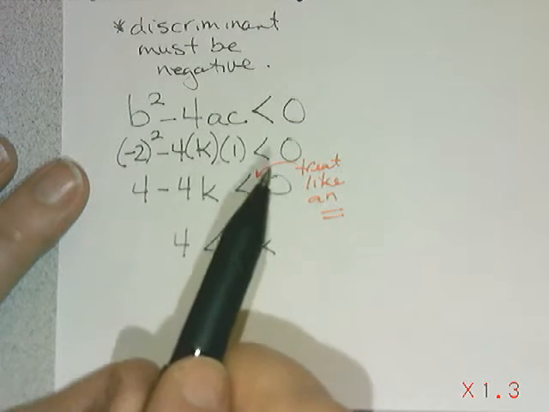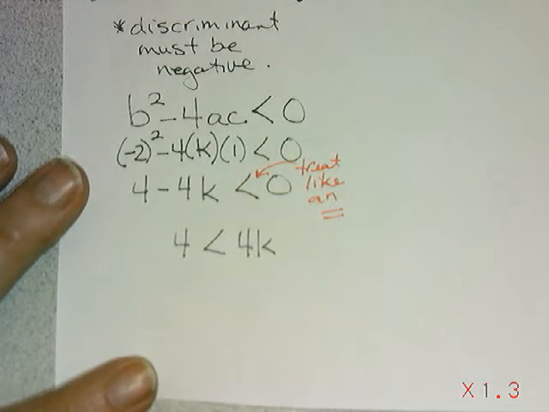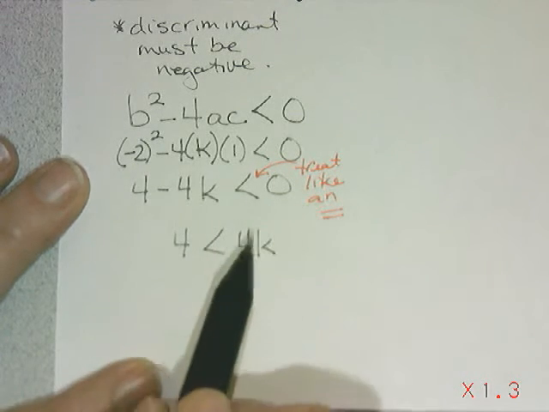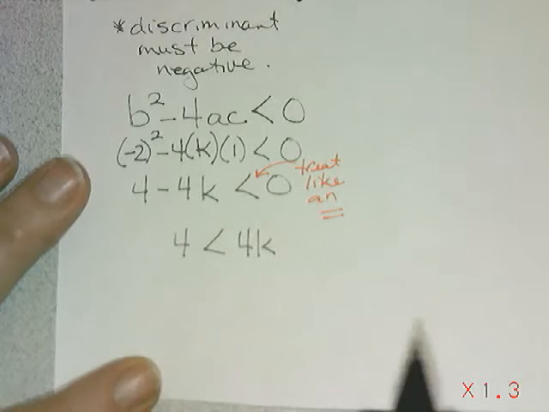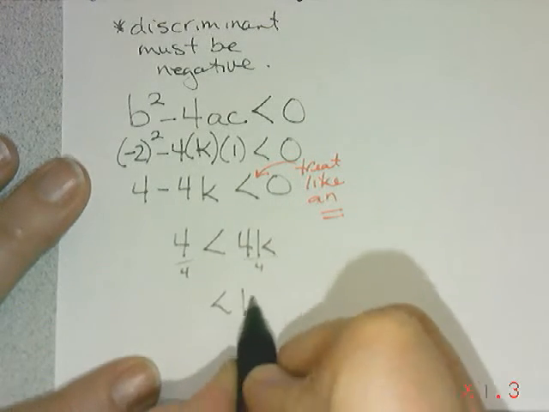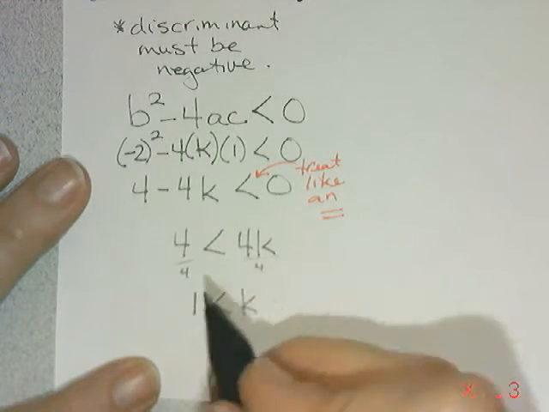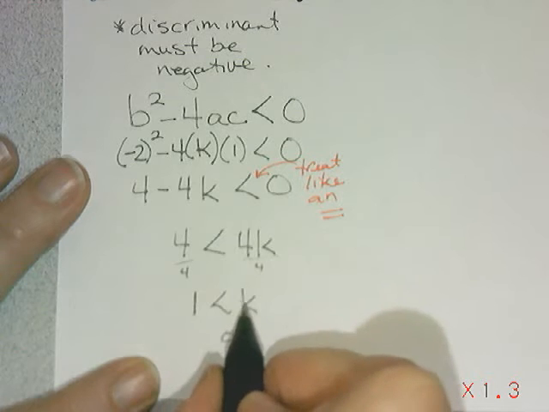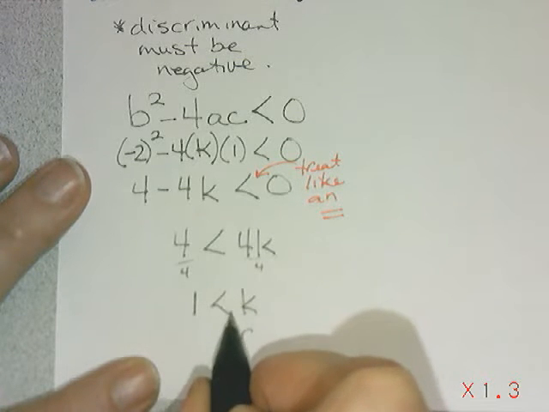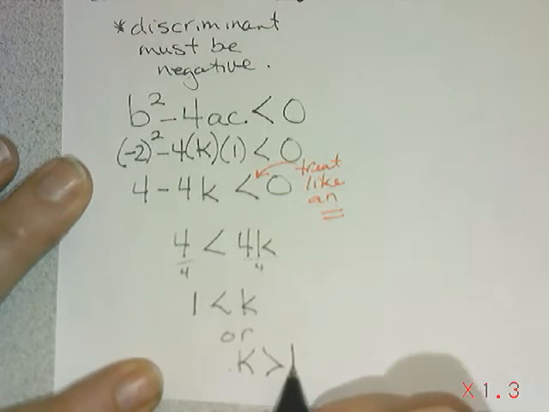So I don't really want to kick this 4 over here and then have to divide by a negative number. We'll discuss that a little further in the course, but for now, if I add to both sides, I can keep my inequality the same way, and then I would divide away my 4, and I would say, oh yeah, there's my k, and there's my 1, and I would have to read it backwards to read this inequality, so I could flip it around, and k has to be associated with the open end of the inequality, so k has to be greater than 1.